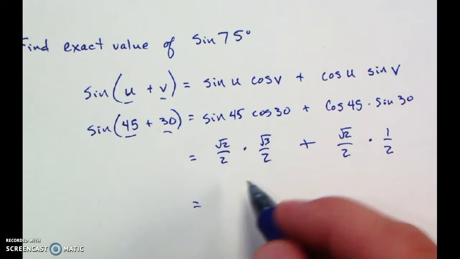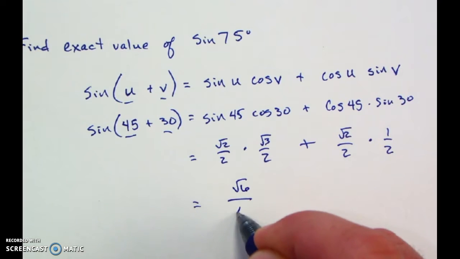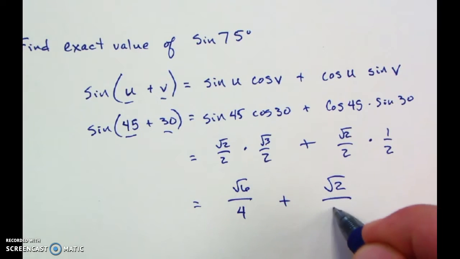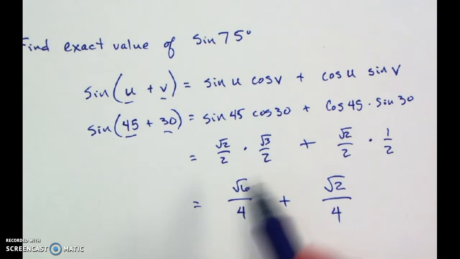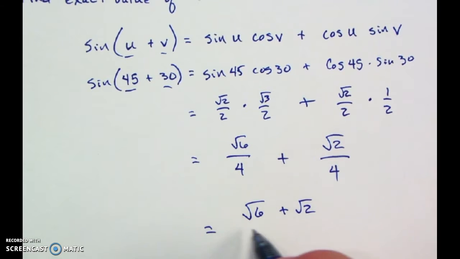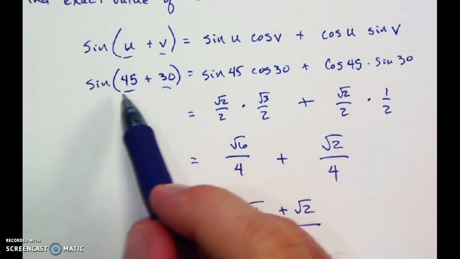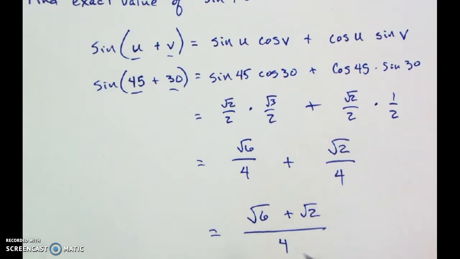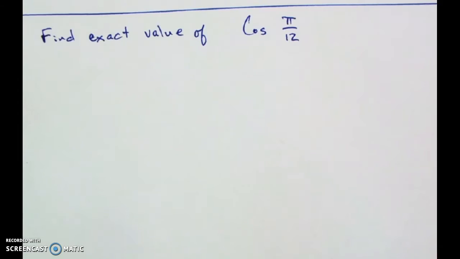So we end up here with square root of 6 over 4, and here we have square root of 2 over 4. And now we have an exact answer of square root of 6 plus square root of 2, all over 4. Now, had you used the difference formula and picked two angles, you're still going to end up with that same exact value.